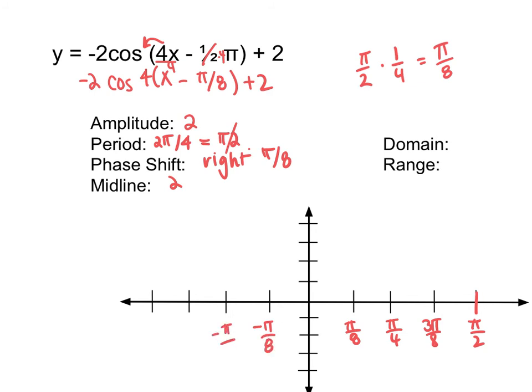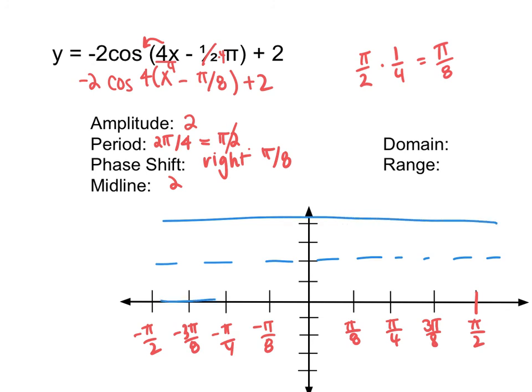And we'll get these negative values on here. And let's get our maximum and our minimum and midline. Our midline is 2 right here. We have an amplitude of 2, so we're going up 2 and down 2. Looks like we're going from 0 to 4 for our range.